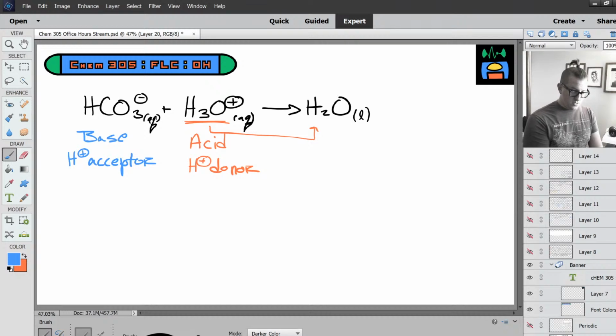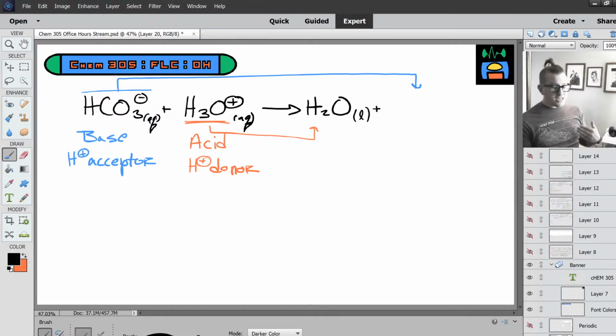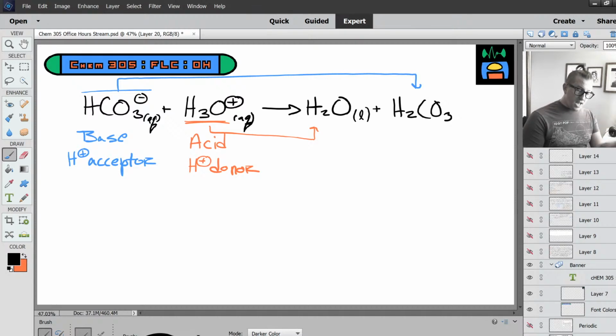If bicarbonate is going to accept a proton, that means that its hydrogen count will increase by 1. So it'll be H2CO3, and when you add a positive charge to the negative, you get a neutral compound, so there's no charge for carbonic acid. So this is the reaction using the Bronsted-Lowry acid-base definitions. This is the reaction that will occur when you add acid to this buffered solution.